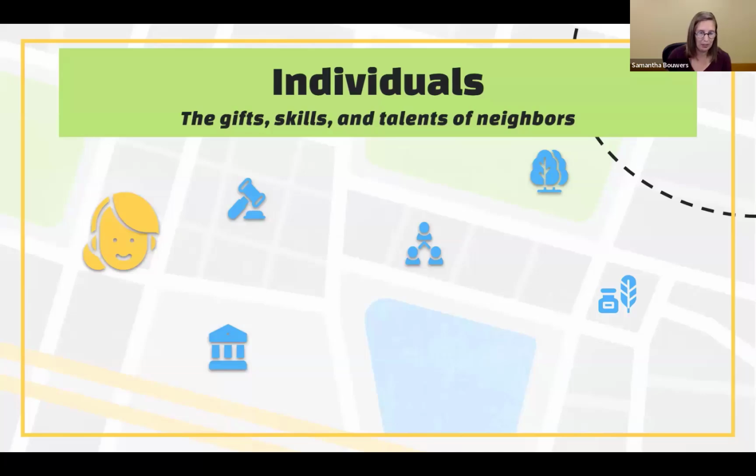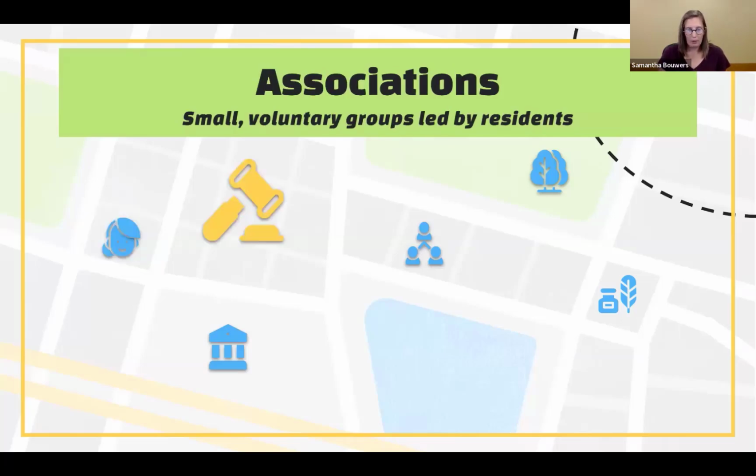You are people who are plugged in and involved and engaged in the community. This could be city council people or city staff as well, who have some sort of skill or talent and who are motivated. When we think about associations, this is a voluntary group of people.